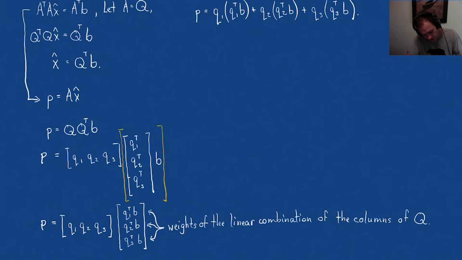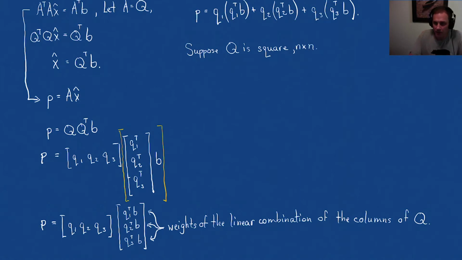Suppose Q is square, or you could say n by n. Well, if the columns of Q form a basis, that means all the columns of Q are linearly independent.